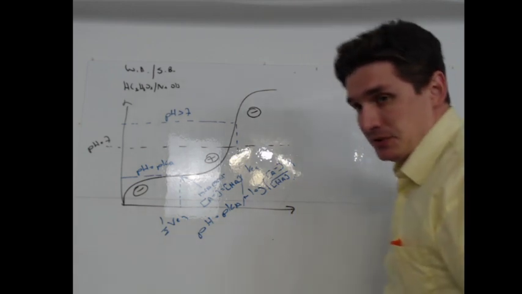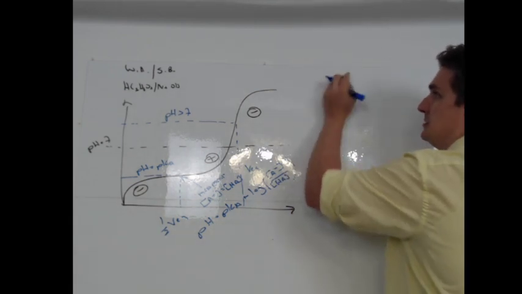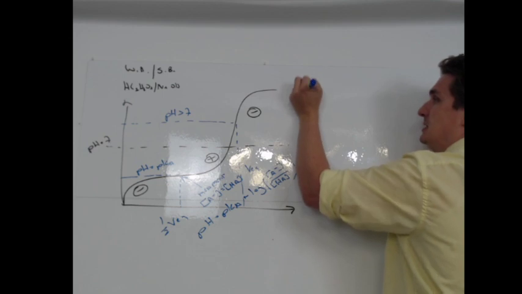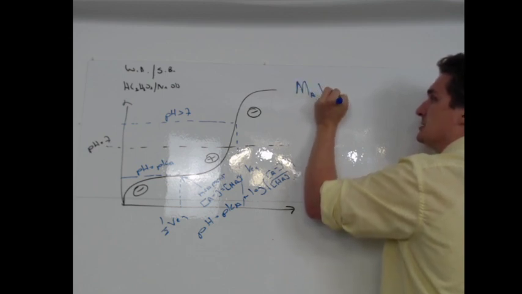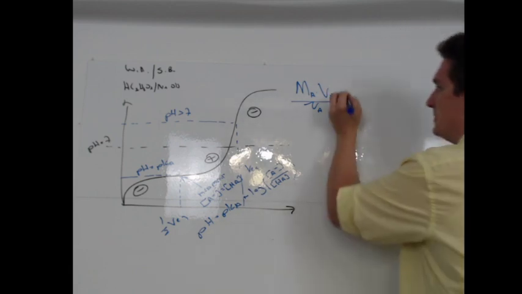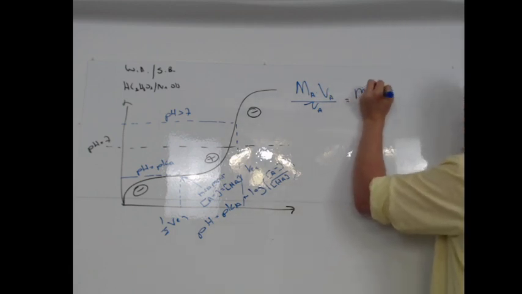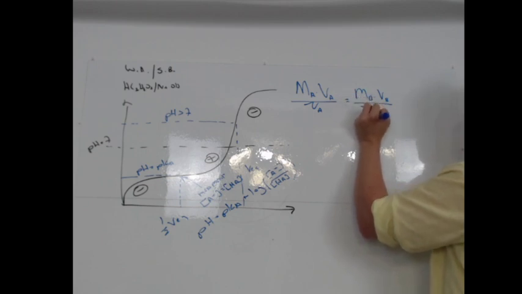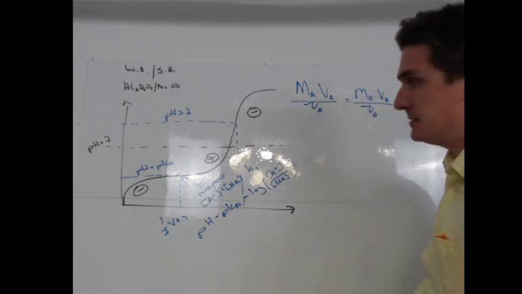There's the master neutralization formula. The master neutralization formula says the molarity of the acid times the volume of the acid all over the reaction coefficient of the acid equals the molarity of the base times the volume of the base all over the reaction coefficient of the base.